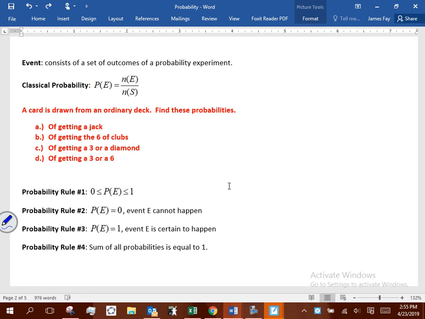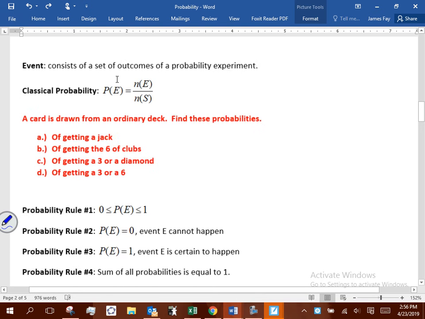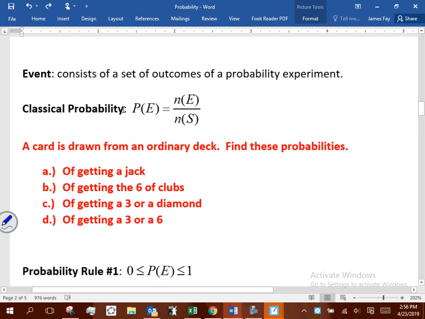Okay? When we talk about probability, this is the way that most textbooks are going to define probability for you. They're going to say N, and then put in parentheses capital E. Capital E represents the events, and N out front like this, it's a notation to say the number of events.